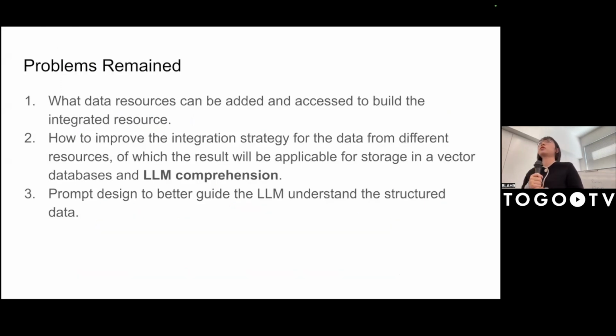And here are some problems remaining. The first one is what data resources can be added and accessed to build the integrated resource. The second is to improve the integration strategy for the data from different resources, so that the result will be applicable for storage in vector databases and LLM comprehension.